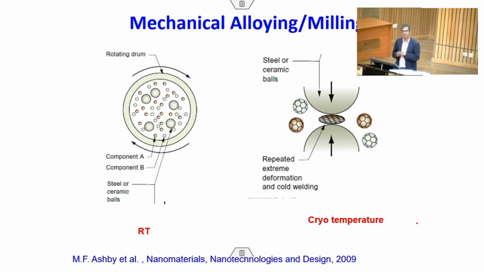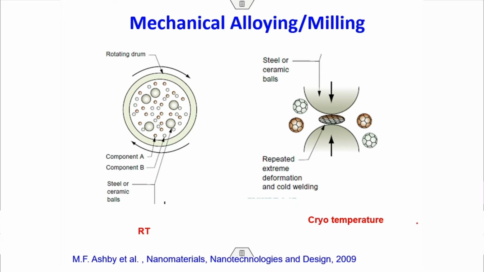And then we discussed some of the techniques of mechanical alloying, both at room temperature as well as cryo temperatures. In mechanical alloying, you charge the powder mixture inside a rotating drum with some balls, and because of the action of the balls on the powder mixture, you can create nanostructured materials very easily, and that leads to production of nano powders.